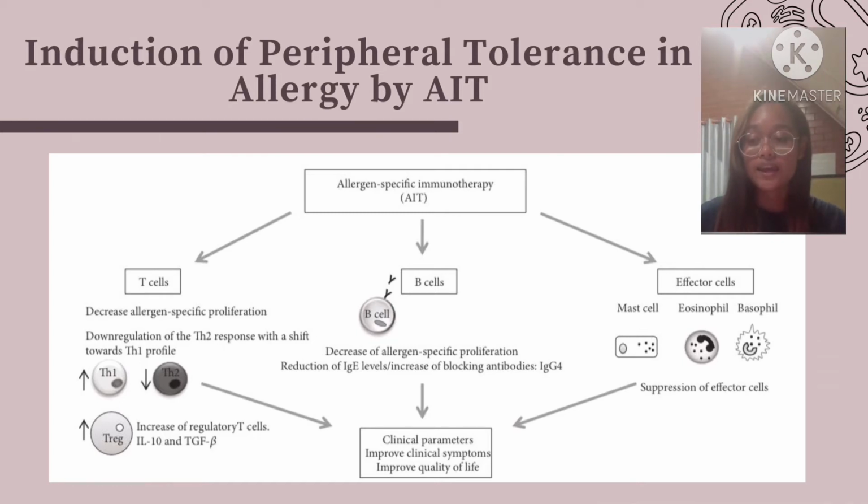And AIT is believed to promote the absence of pro-inflammatory signal influenced by the maturation of dendritic cells or DC into a tolerogenic response, thus inducing major change in allergen-specific T cell subsets.